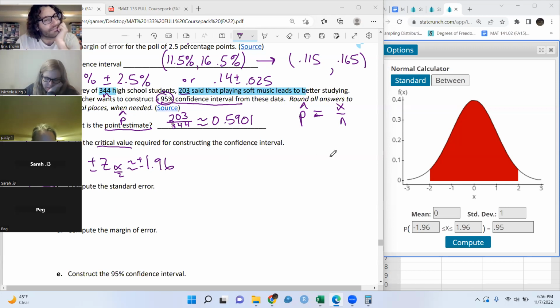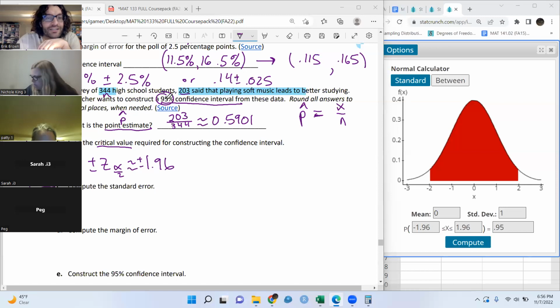Do you remember the definition of unusual when thinking about a probability? A probability less than 5%.